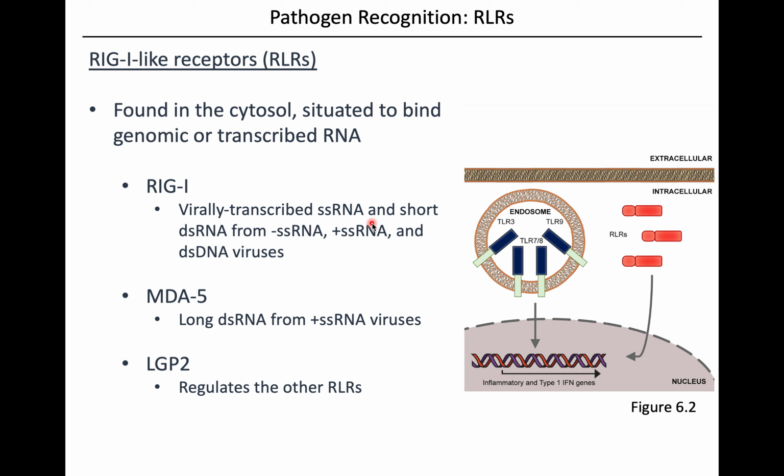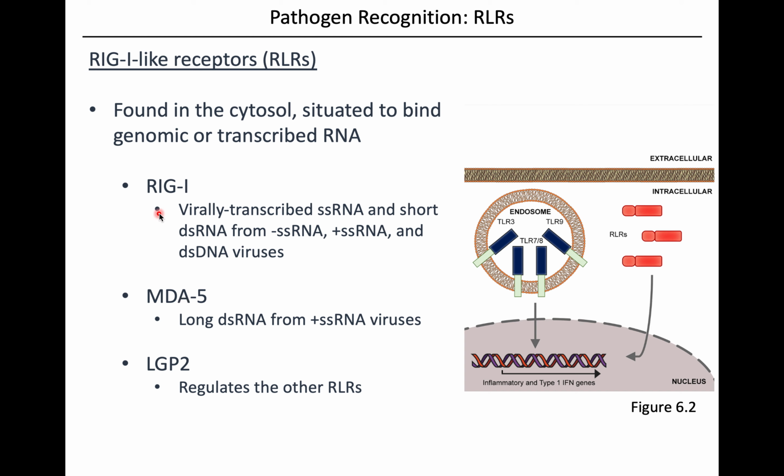Now, the RIG1-like receptors, we said these are found in the cytoplasm, bind to RNA, either genomic or transcribed viral RNA. And there's three different types of RLRs.